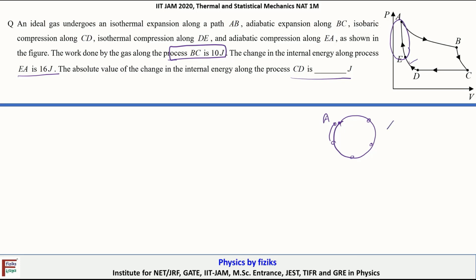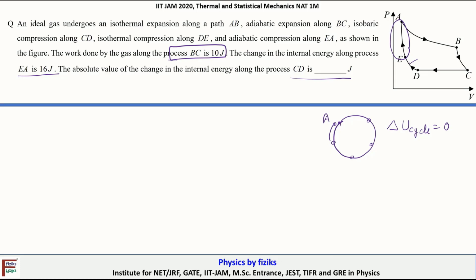So the net internal energy change during that complete cycle, delta U cycle, is going to be equal to 0, because the internal energy simply depends upon the initial and final equilibrium state. It has nothing to do with the intermediate stages. Now we will make use of this point.